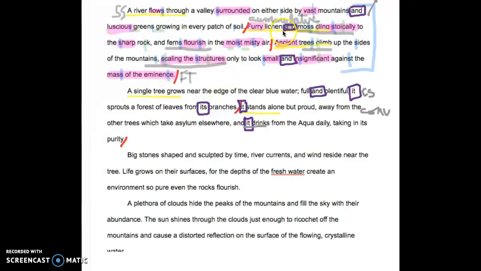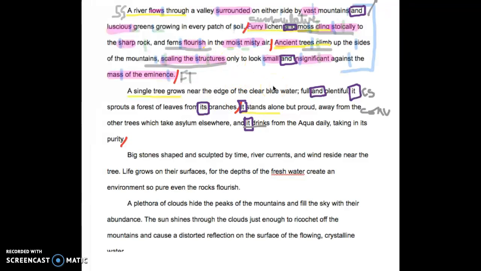There are hard C sounds with lichen and cling and stoically and rock and climb and scaling and structures. And then there are also sounds with M, moist, misty, and greens growing, and side by side that's really good parallel structure.